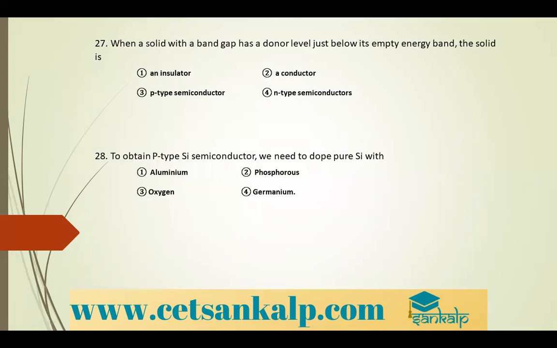When a solid with band gap has a donor level just below its empty energy band, the solid is an insulator. A positive feedback from output to input in an amplifier provides oscillation of constant amplitude.